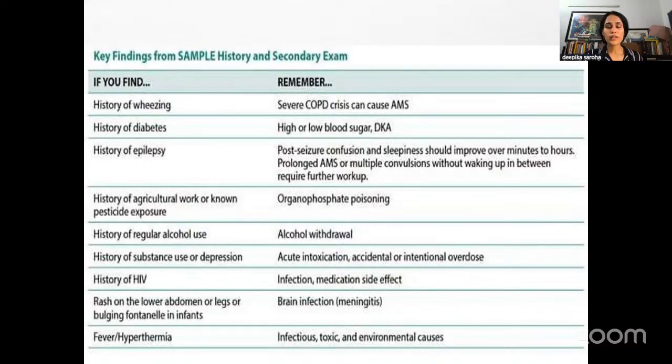However, true altered mental status patients have a prolonged course. If there is no intervention, then these patients will stay like that. They may worsen, and the post-ictal confusion state patients will improve over time. This is the expected course of their progression. But if the altered mental status is because of something else apart from the post-ictal state, then these patients will stay like that, or they may worsen depending upon the etiology.